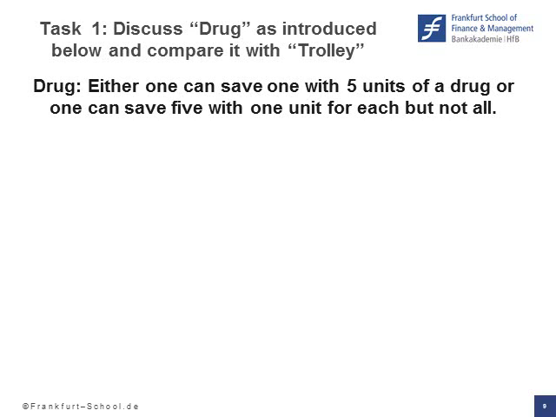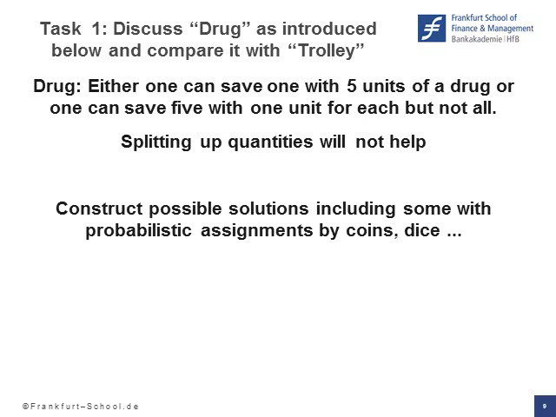But you can't save all 6. So you either save 1 or you save 5. Splitting up quantities will not help. So you should construct possible solutions, including some with probabilistic assignments by coins, dice, and so on. Do this yourself. But before you do it, just become aware of the following fact.